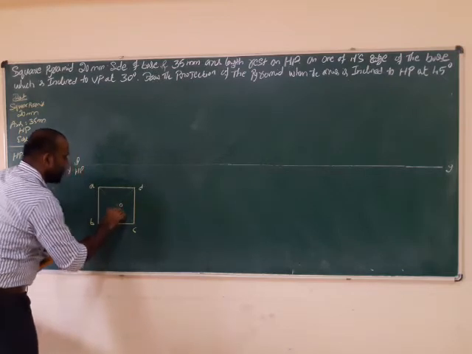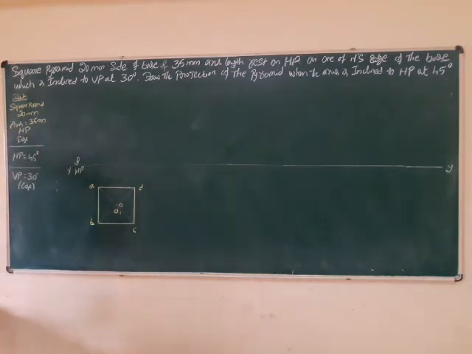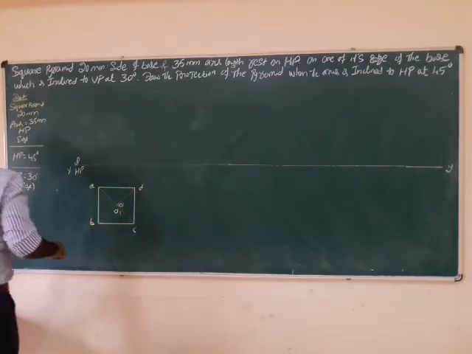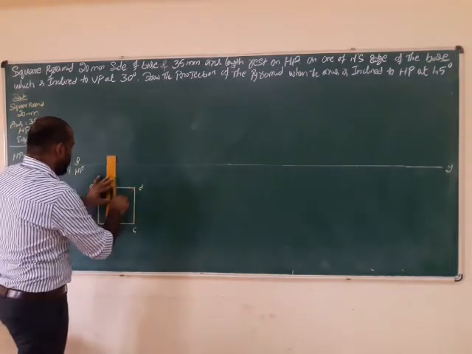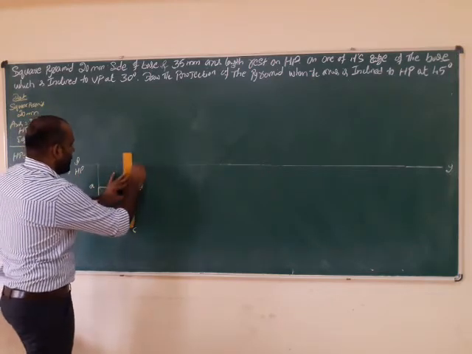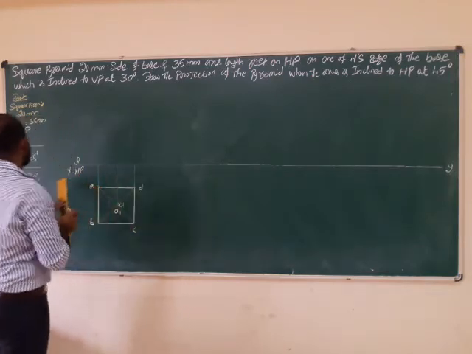O and O1. O is not visible. So you have to take O, A, projection from all the corners.